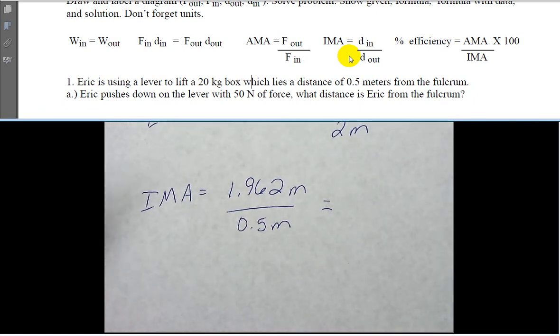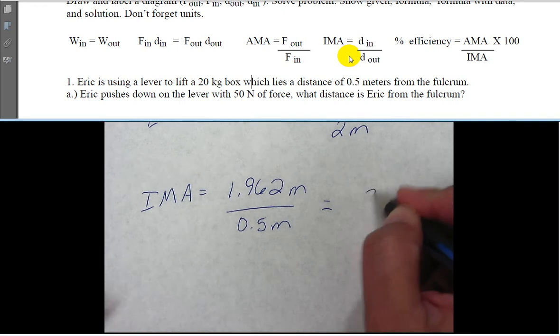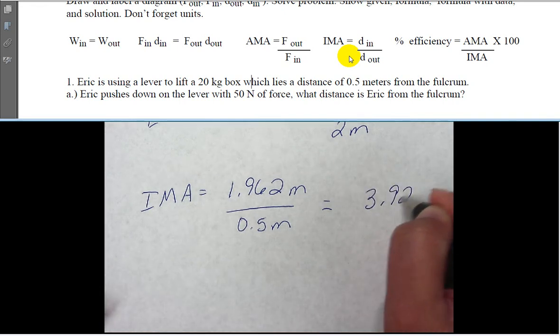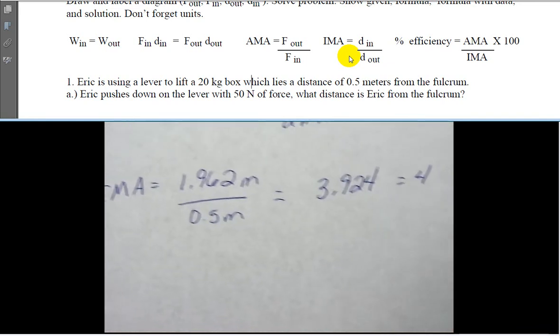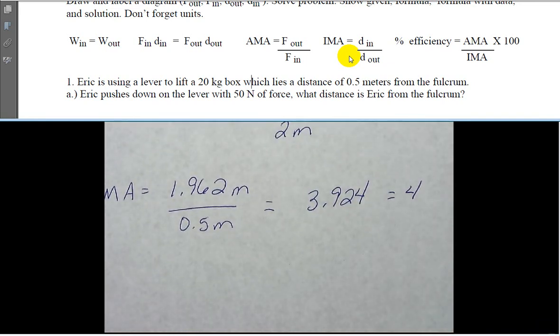I'm going to divide 1.962 by 0.5, and I get 3.924. Again, if we're looking at significant figures, we would round that to 4. Notice for the IMA and AMA, there's no unit.